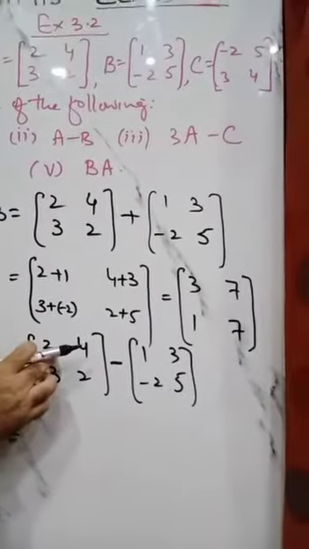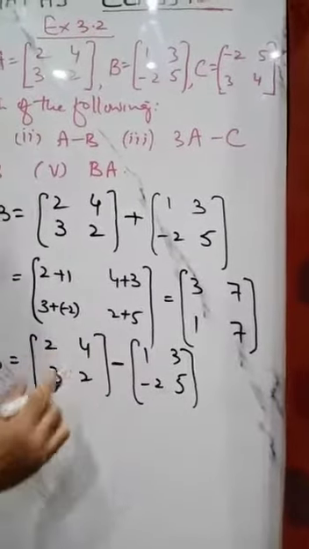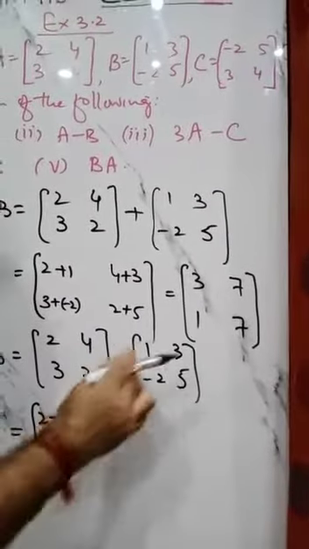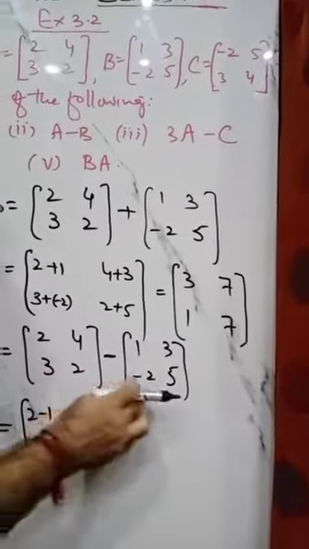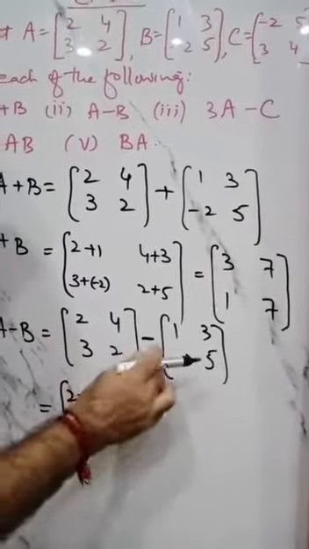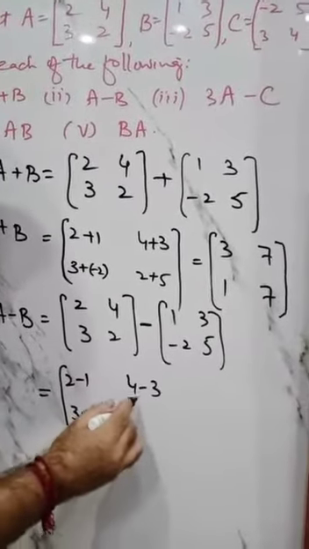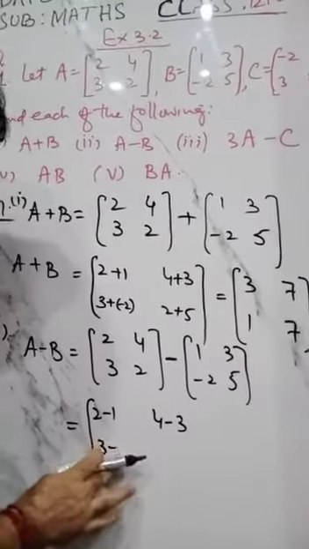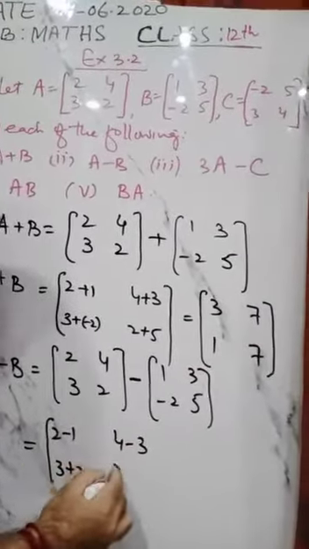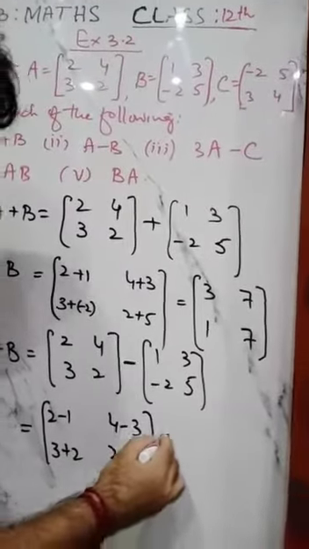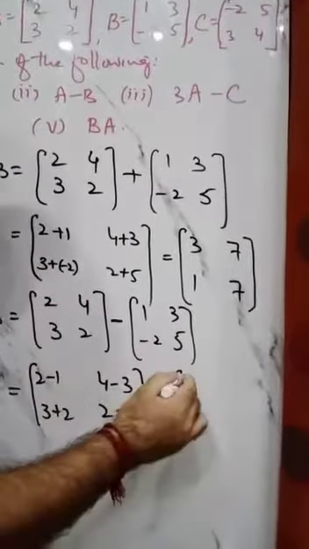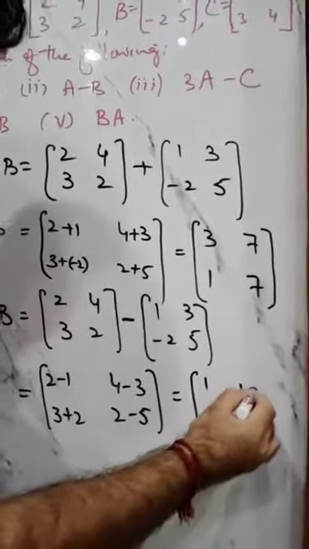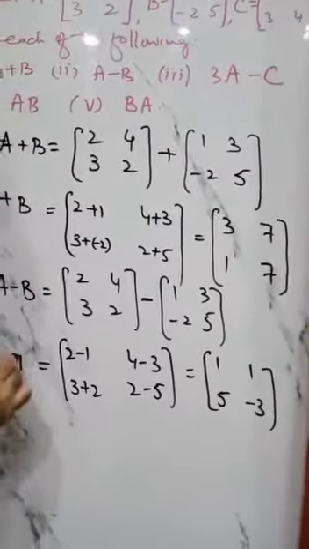So the first entry, that is A11 minus B11, you write 2 minus 1, then 4 minus 3, then 3 minus of minus 2, which you can write directly as plus 2, and then 2 minus 5. So what do you have? 2 minus 1, 1, again 1, this is 5, this is minus 3. So this is A minus B.